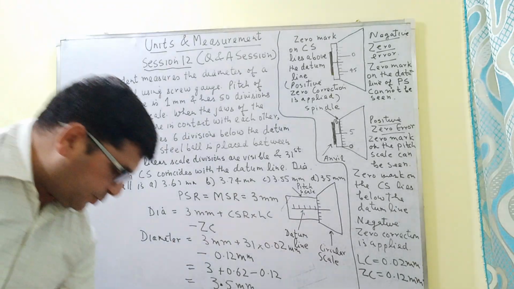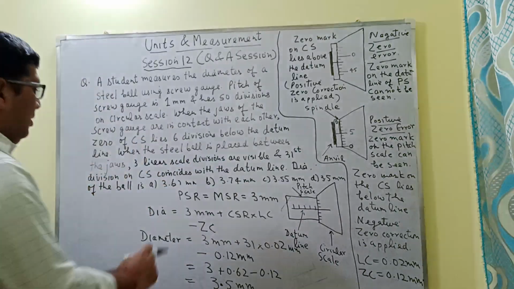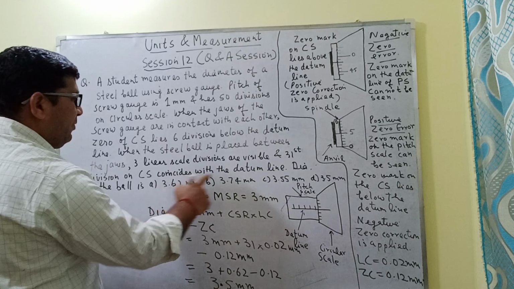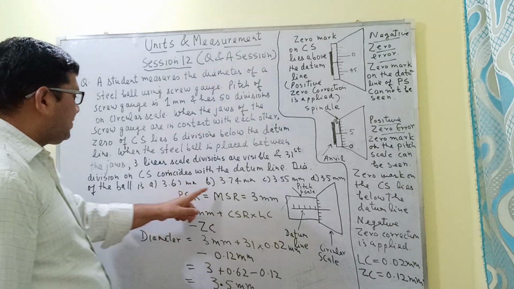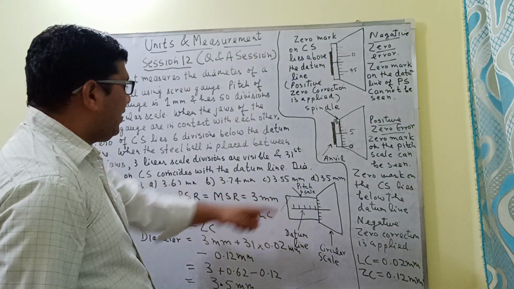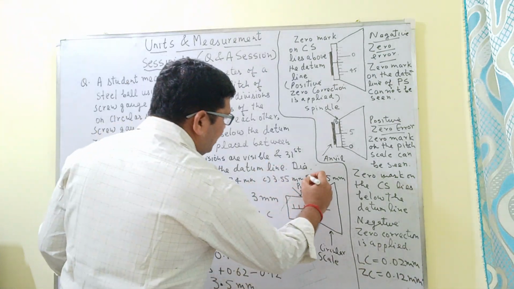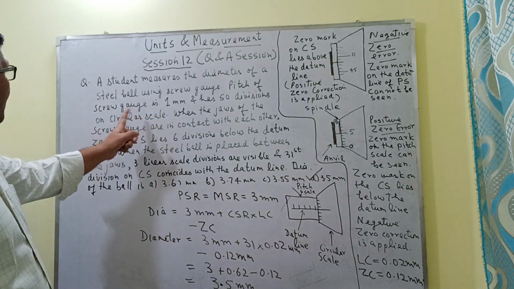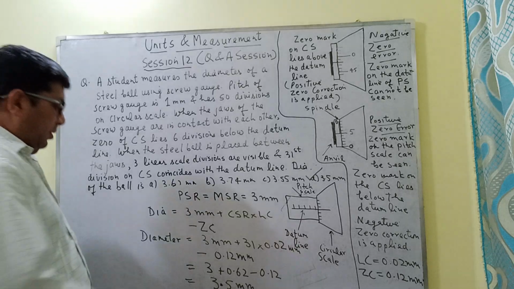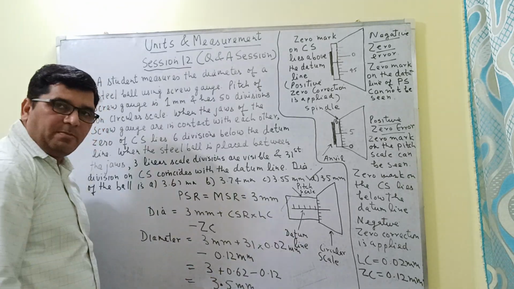Here we have been given 4 options: A is 3.6, B is 3.74, C is 3.55 and the last one is 3.5. So the correct option is D, that is 3.5 mm. The diameter of the steel ball is 3.5 mm.